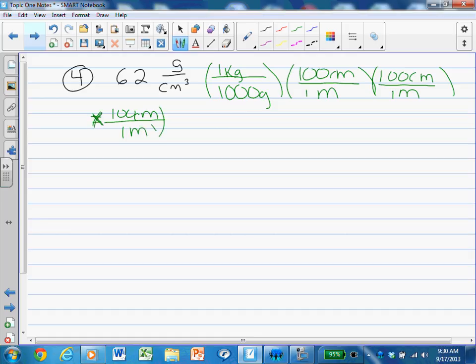So there's the 3 times. 3 centimeter conversions to meters for the centimeters cubed. Yes. Yeah, exactly.